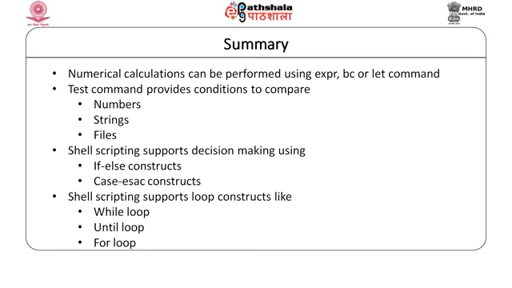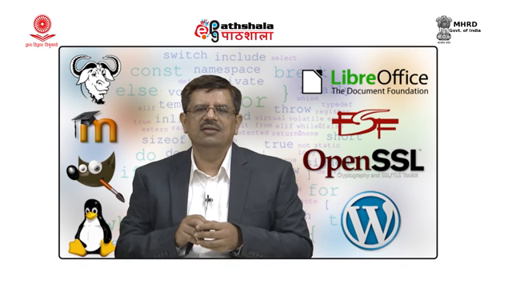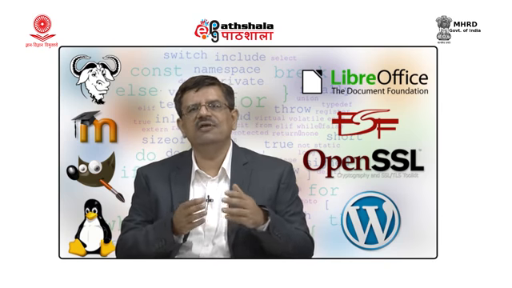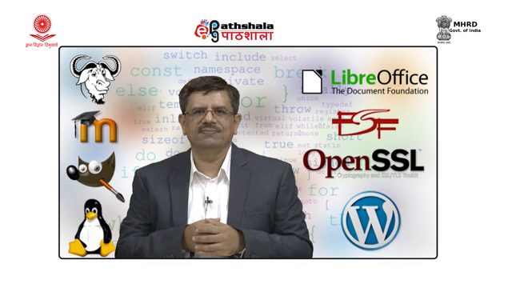We can check for strings, whether 2 strings are equal, not equal, whether the string is null or not. We can check for files, whether the argument is a file, whether it is a directory, whether the file has read, write or execute permission. And finally, we also discussed how to use these within if and case structures.